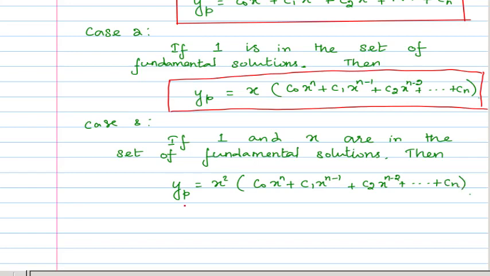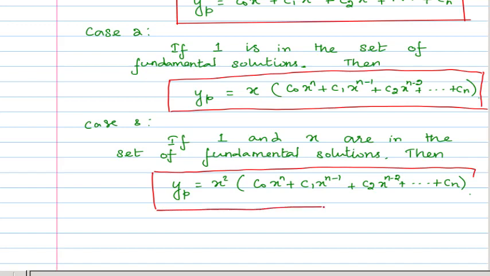So whenever you have a polynomial on the right-hand side, your yp must belong to one of these three forms.